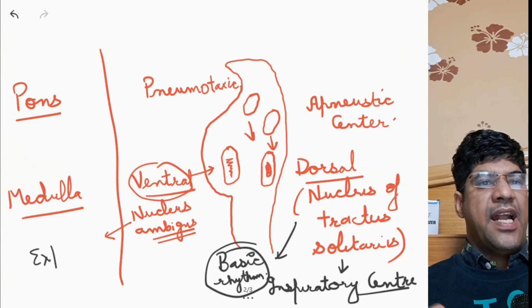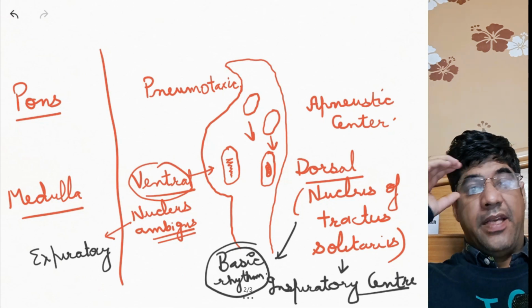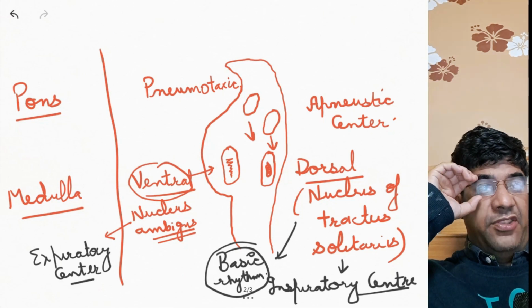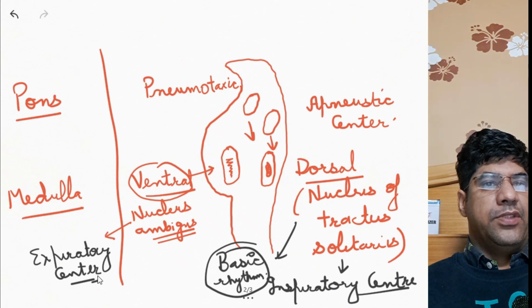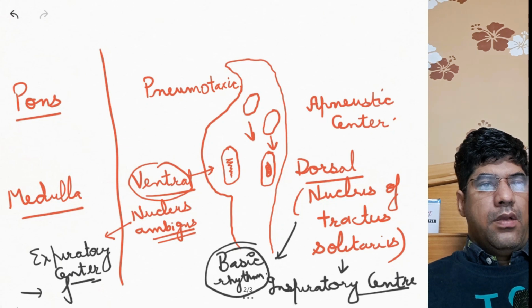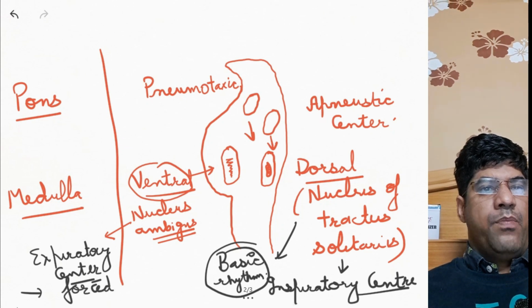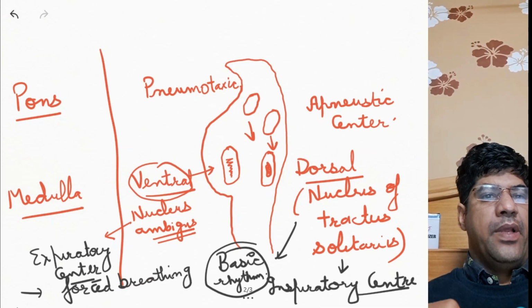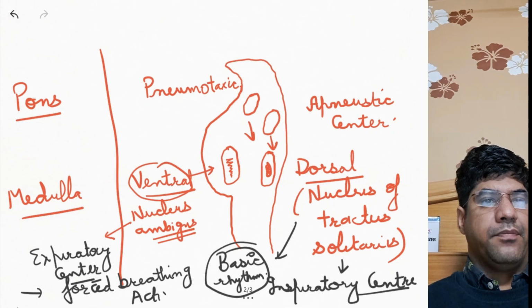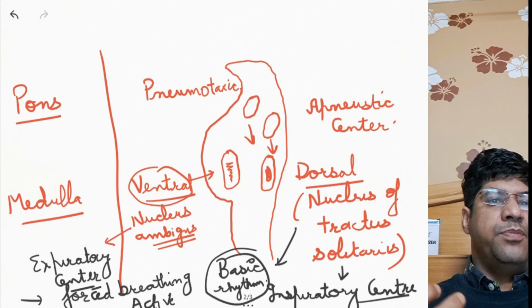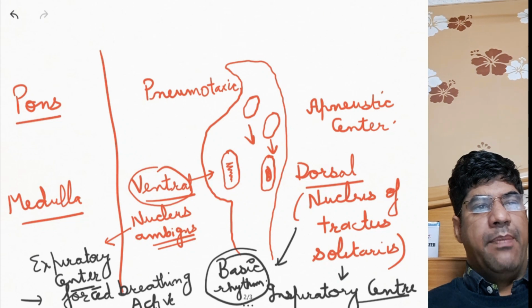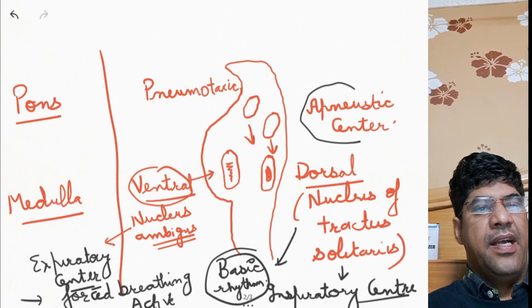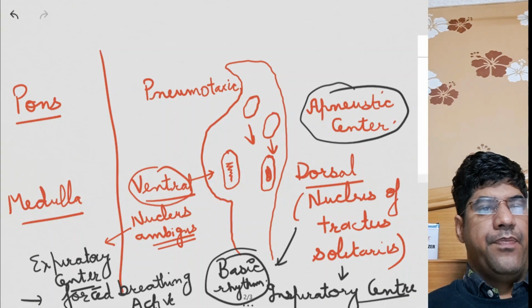They are also known as the expiratory center. Remember, the ventral respiratory group has both inspiratory and expiratory neurons. They are inactive during quiet breathing, but become active during forced breathing. During forced breathing, these neurons stimulate both the inspiratory muscles and the expiratory muscles.